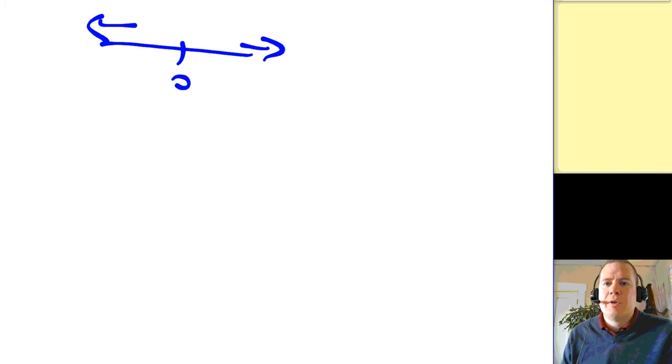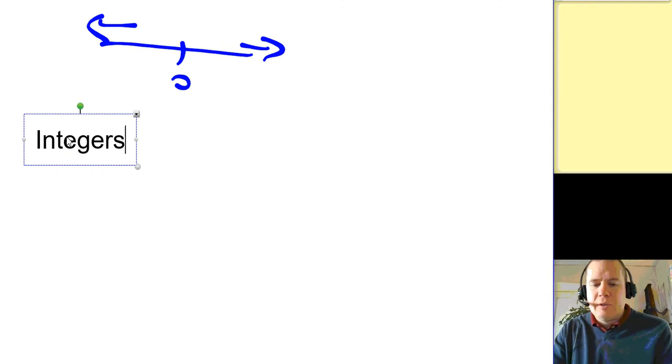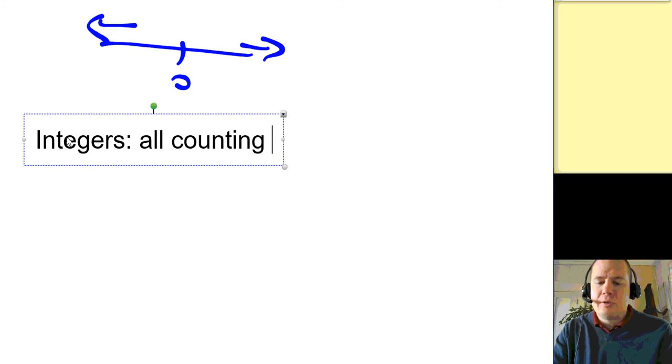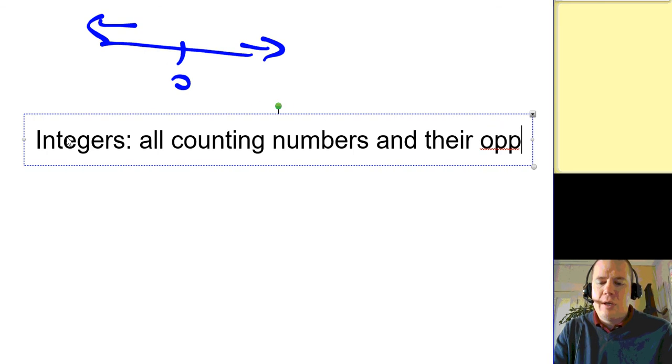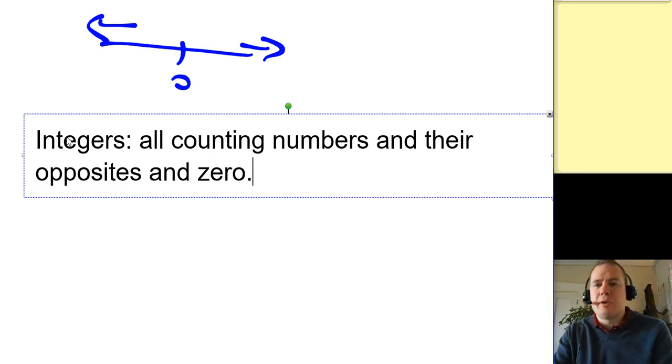And we have the whole set of these called the integers. The integers are all counting numbers and their opposites. And there's some debate as to whether 0 is considered a counting number. Some people include it, some people don't.